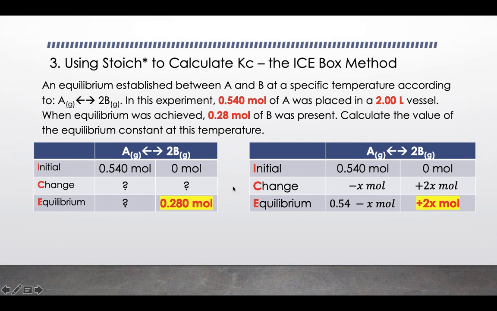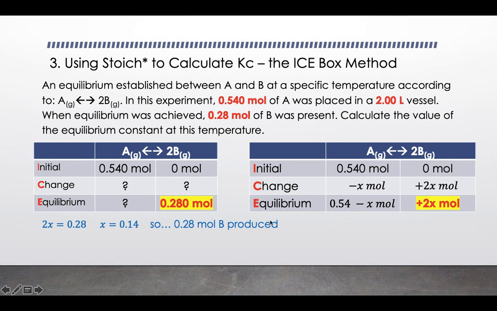Based on that, we can write an equation and solve for X. Since 0.28 was left in the equilibrium system for B, then 2X must equal 0.28, and therefore X equals 0.14. If we solve for X, we are also able to solve how much A was left over at equilibrium.